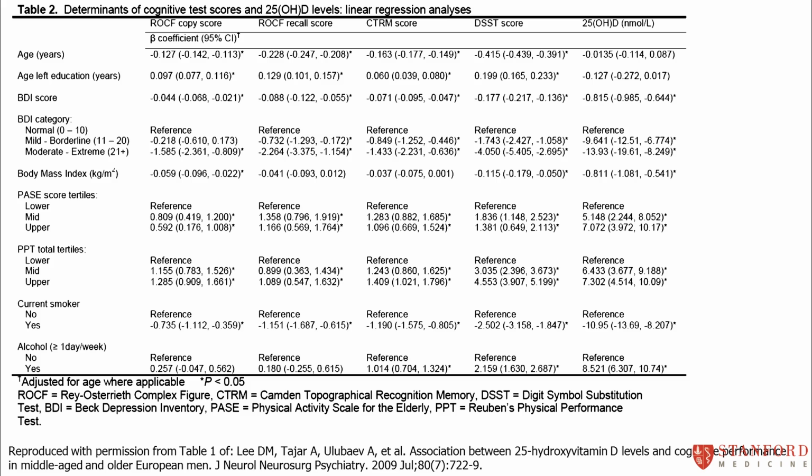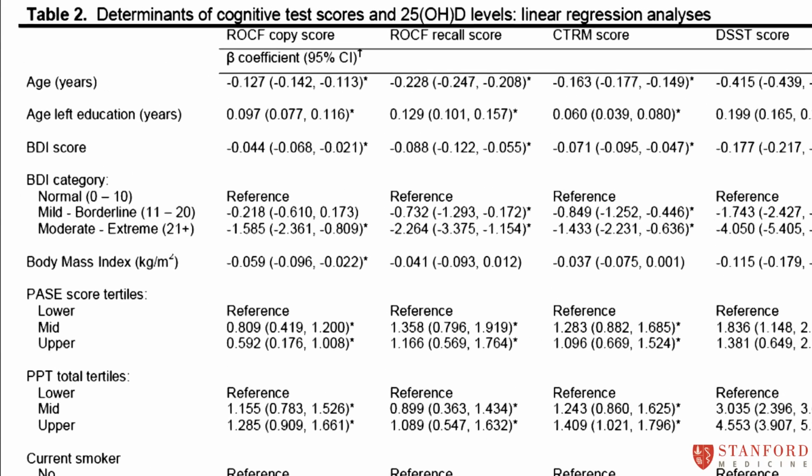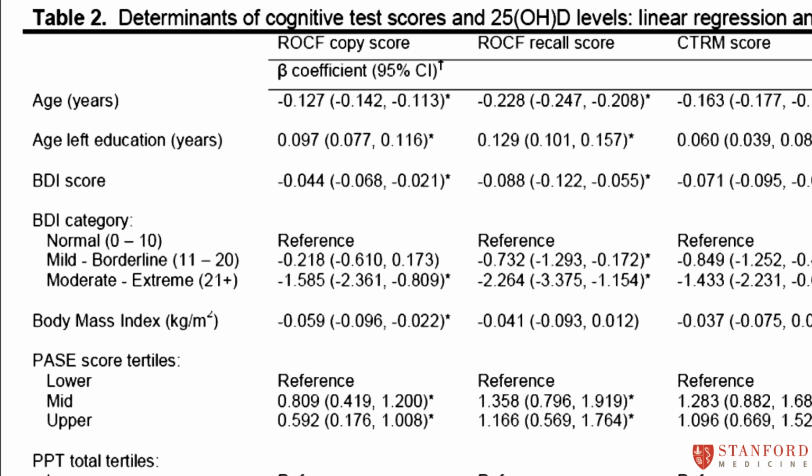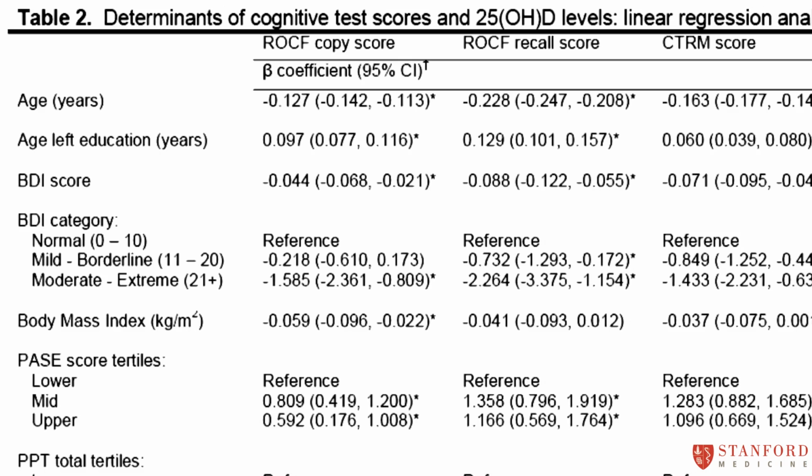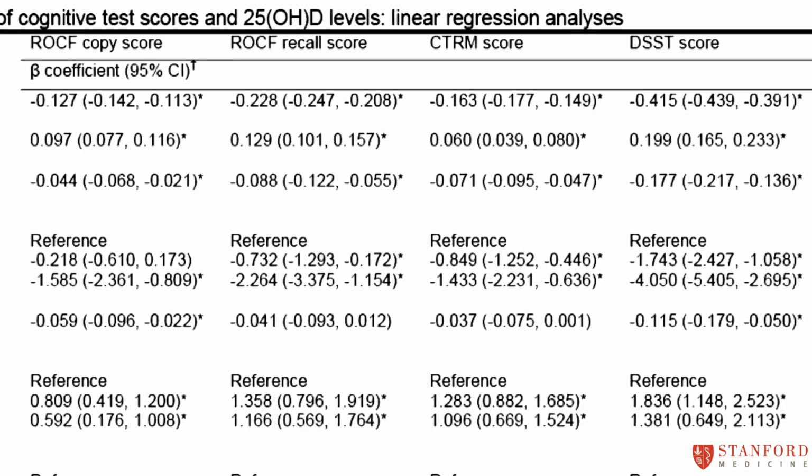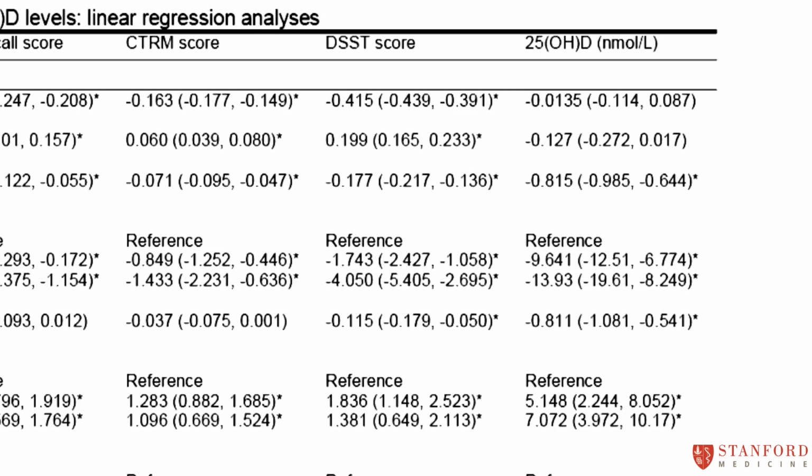So what it's showing you here is each of the columns represents a different outcome variable. So the first column is showing you the results of a bunch of linear regressions where the outcome variable was a cognitive test called the ROCF copy score. There were 4 cognitive tests administered here, so we get results for the ROCF copy score, the ROCF recall score, the CTRM score, and also the DSST score, the one I've been talking the most about.